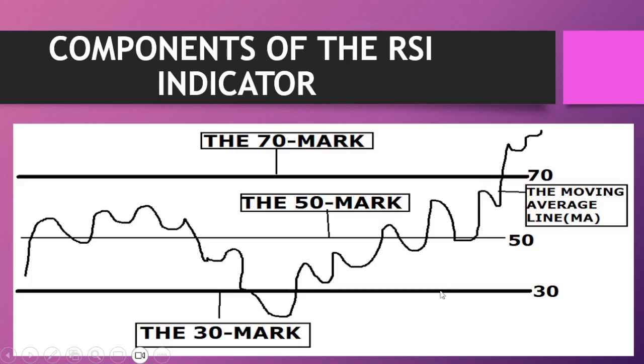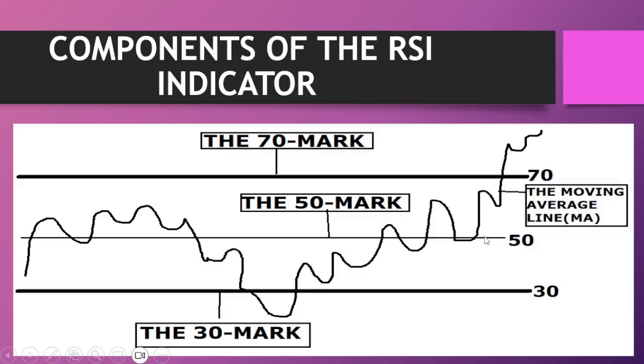We also have the lower 30% or 30 mark line. This line measures or gauges the degree or extent of price movement in the downward direction, and it also measures the degree of price oversold or the market oversold condition.